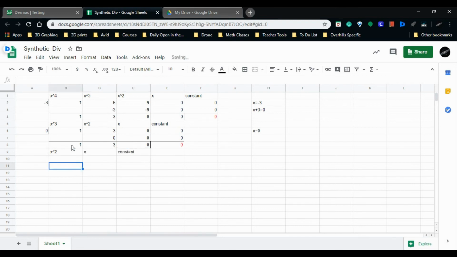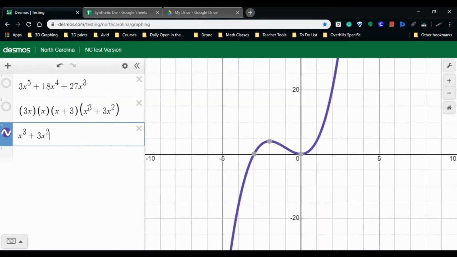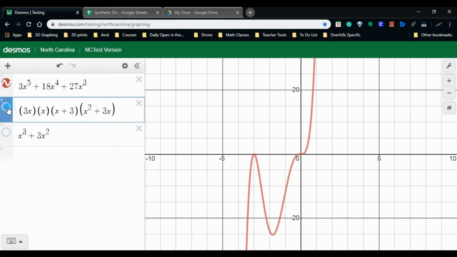So this is 1x squared plus 3x plus 0. So 1x squared plus 3x. Here's my original, and now they're the same.